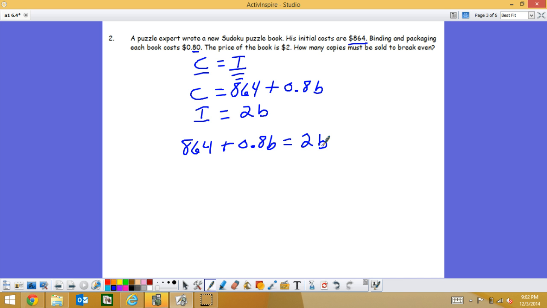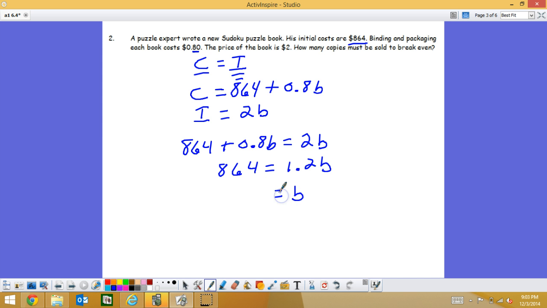So then to solve this for b, we get the b's on one side by subtracting 0.8b. So 864 is equal to 1.2b.